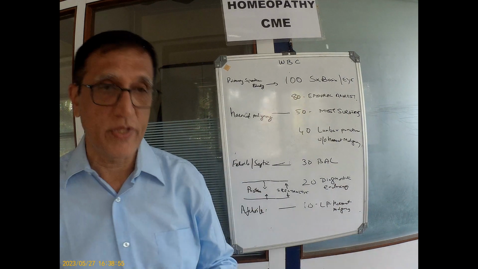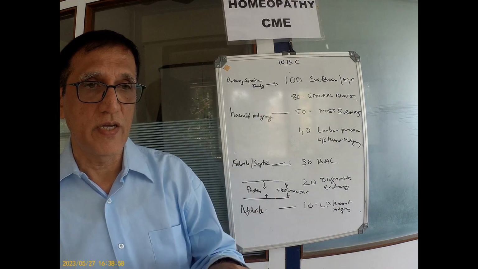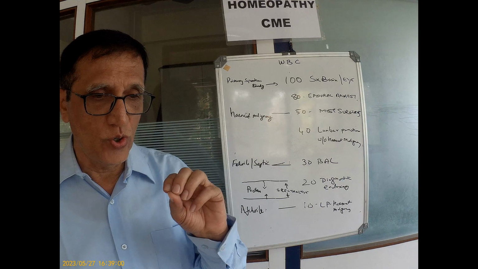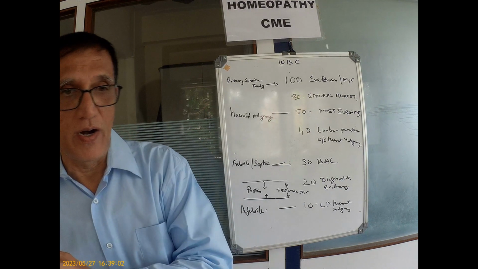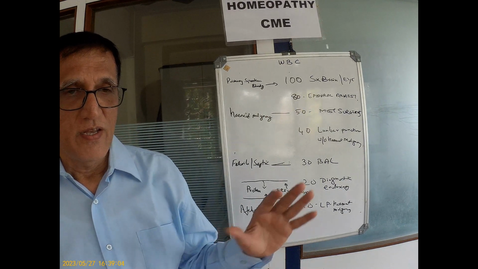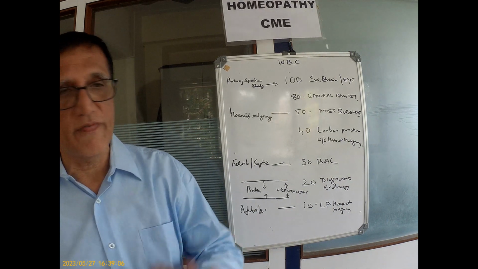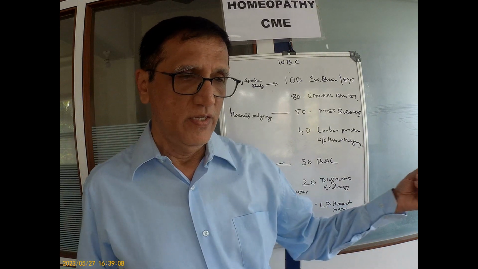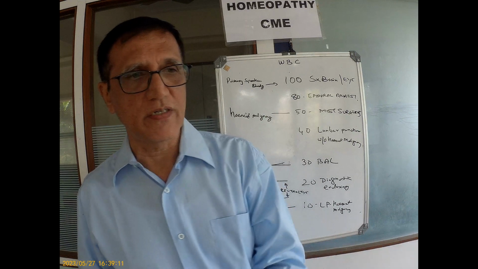Now, one more thing that can actually add to your aura of being a Sai Baba is the rash. Rash is another peculiar feature which you will not find in COVID, which you will not find in other diseases, but it occurs in dengue.